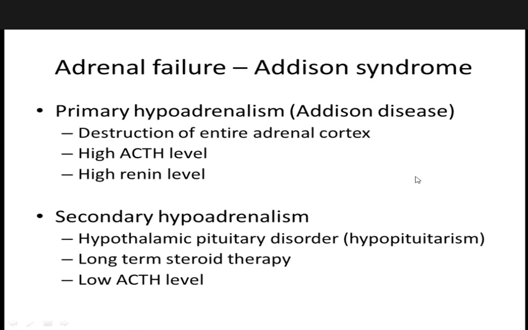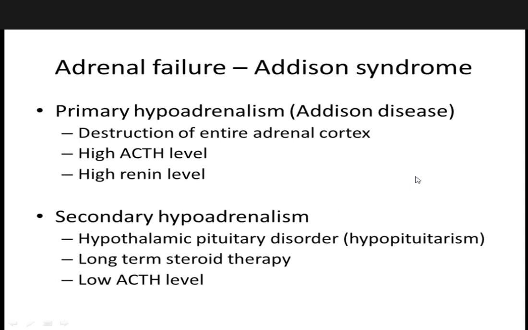Primary adrenal failure is due to destruction of the entire adrenal cortex, and because of that, serum cortisol and aldosterone secretion will be impaired. Whereas in secondary hypoadrenalism, the gland is normal, but the stimulation is not there from the pituitary gland, right? Due to either a problem in the pituitary gland itself or long-term steroid therapy.